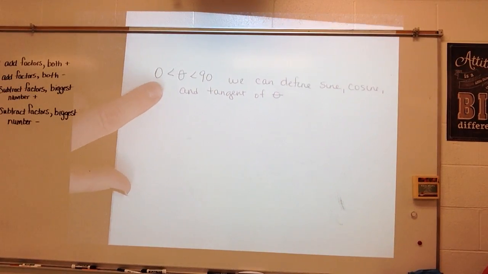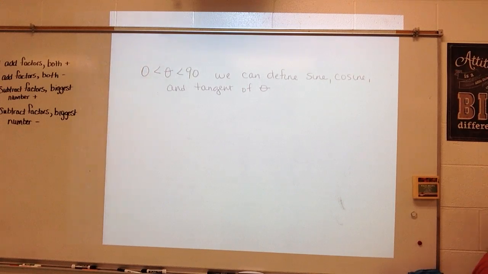So if the angle is somewhere between 0 and 90, then we can define the sine, cosine, and tangent of that angle.